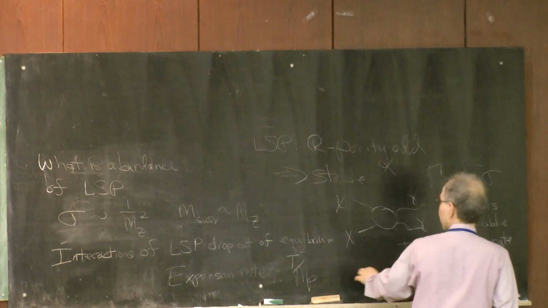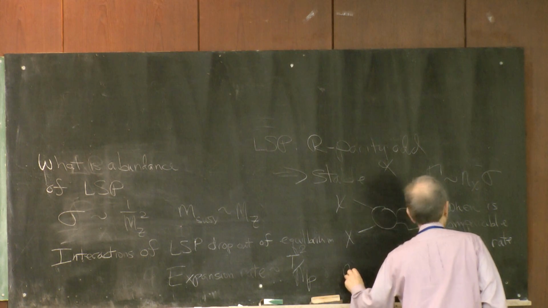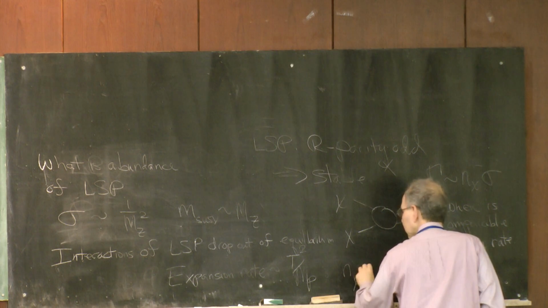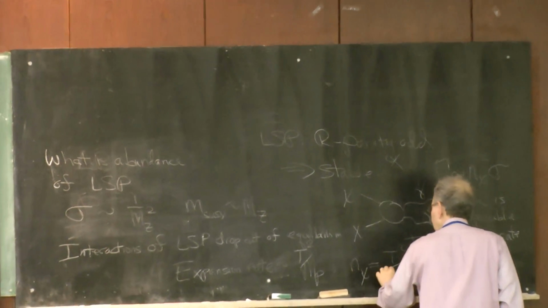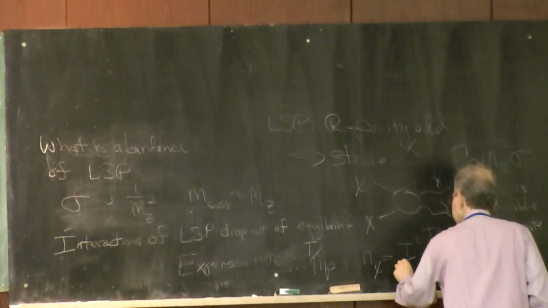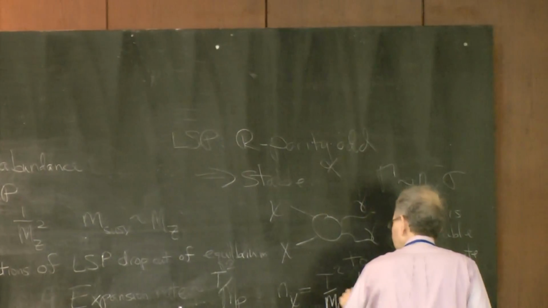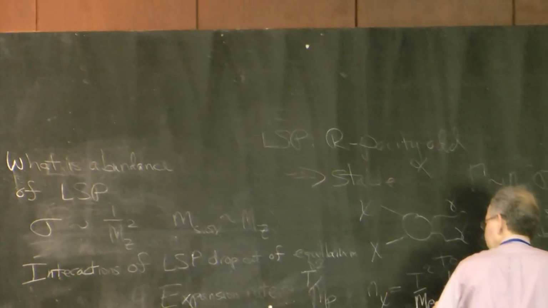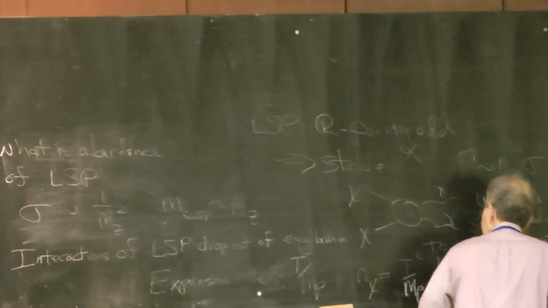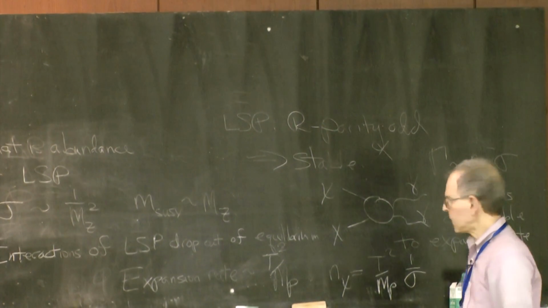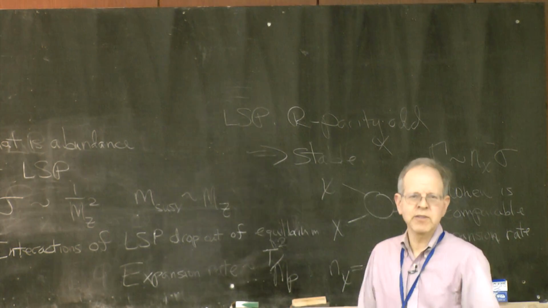So this is going to translate into a relation that n chi goes as T squared over mP, times 1 over sigma. I want to make sure I got my dimensions right.